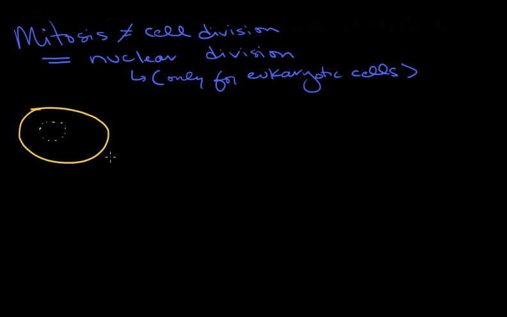Actually, let me go back. I just wanted to erase that so that I could draw them on a new page to make it a little bit bigger for you. So let me draw a cell here with our nuclear membrane.